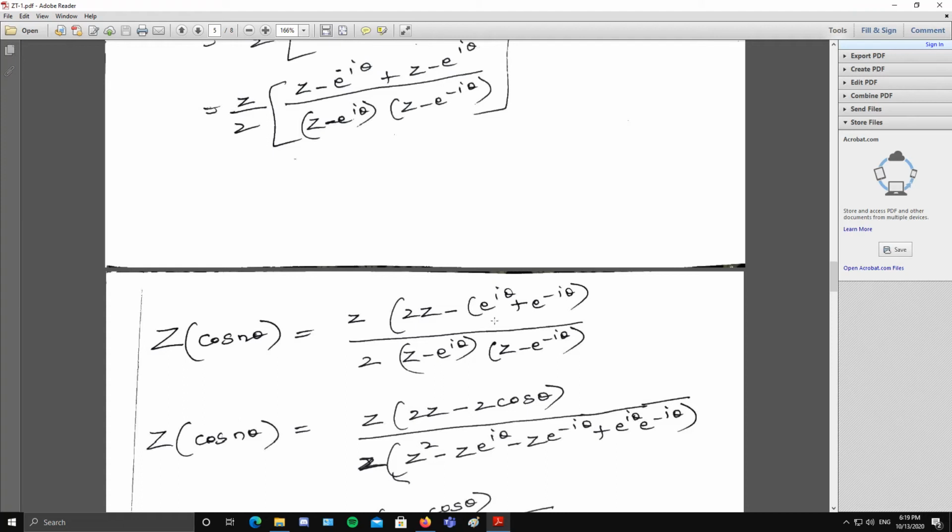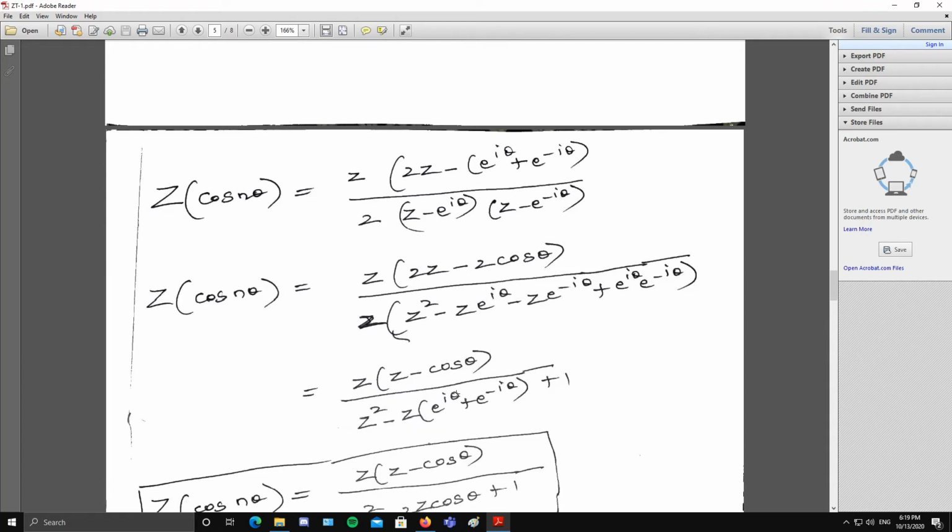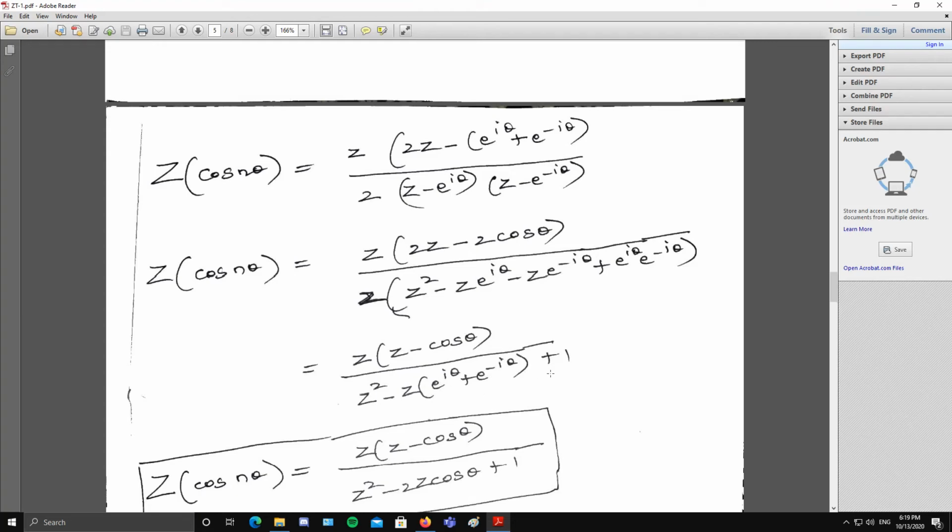Minus, you group the exponential terms, e power i theta plus e power minus i theta, which is the same as 2 cos theta. Denominator, z square minus z into e power i theta minus z into e power minus i theta plus e power i theta into e power minus i theta. So z into z minus cos theta by z square minus z into e power i theta plus e power minus i theta plus 1. So 2 gets cancelled, and you are left with this term.